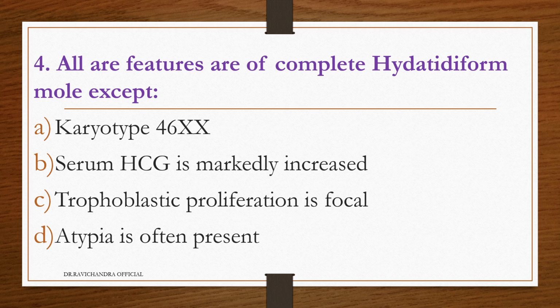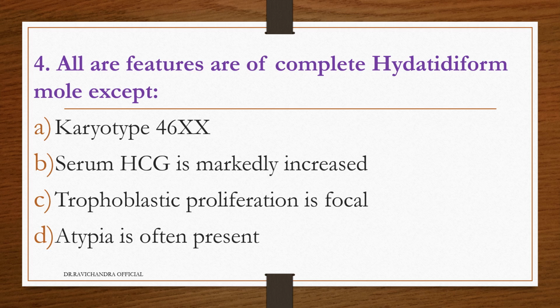So, which is the correct answer? Any guess? Option A karyotype 46XX, option B serum HCG markedly increased, option C trophoblastic proliferation is focal, option D atypia is often present. Yes, the correct answer is trophoblastic proliferation is focal.